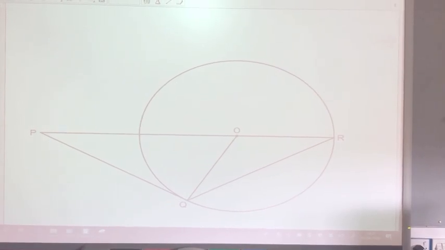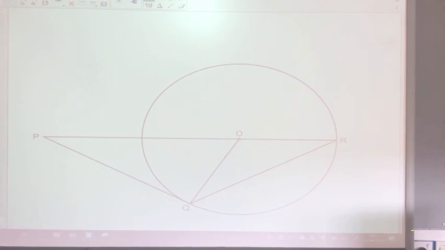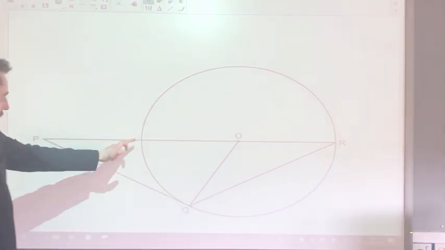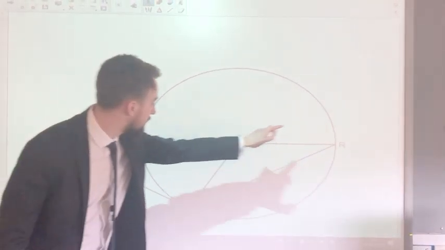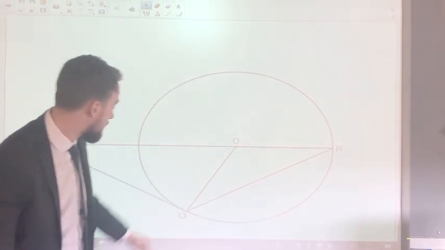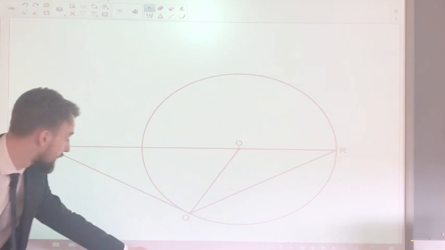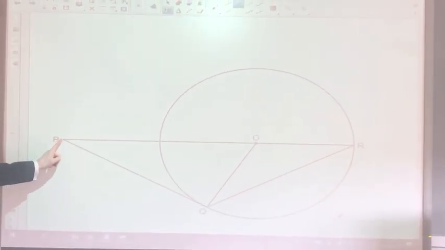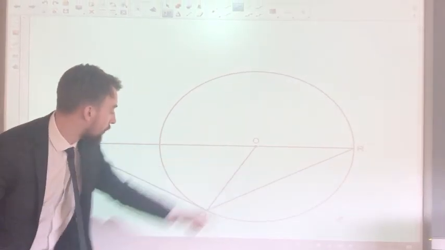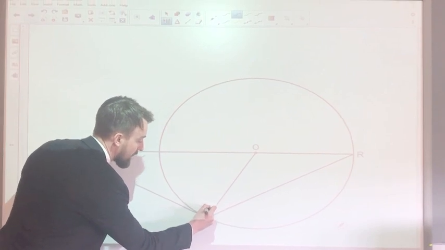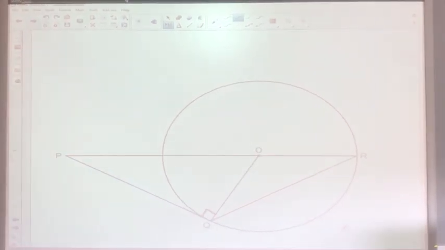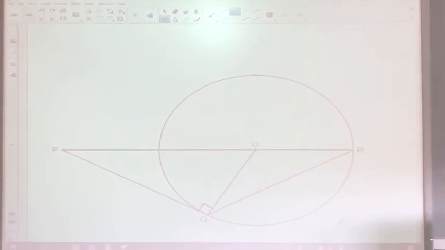Okay, so hopefully some of the things that you've spotted about this question then, we have got a radius here, here and here, which will all be equal in length. That's going to be important. But really key point here is that PQO is going to be a right angle, and that comes from your tangent radius theorem.